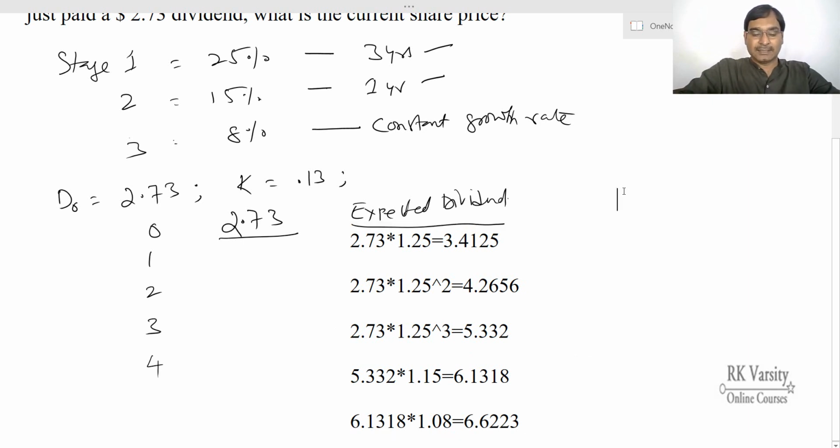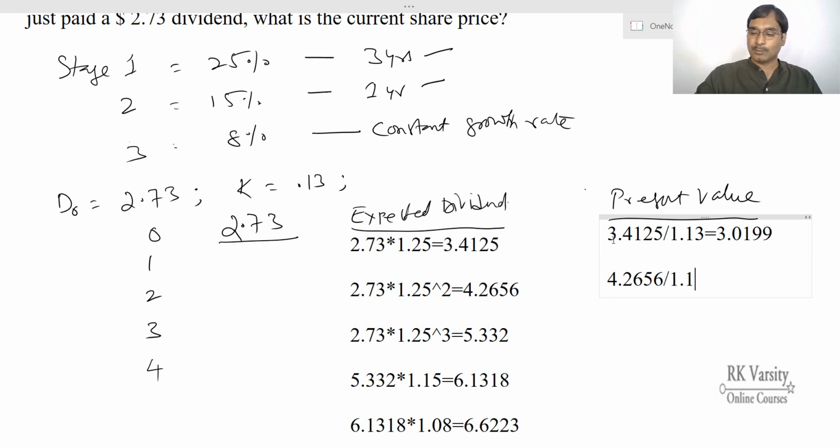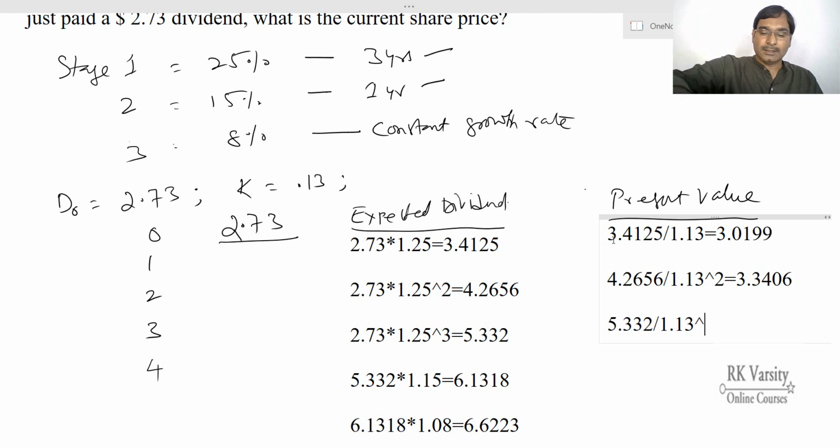So now we calculated expected dividends. Then we calculate the present value of these dividends. So present value is at a discount rate, and our discount rate is 13%. So this is 3.4125 upon 1.13. So the present value of the first year dividend is 3.0199, and for the second year 4.2656 upon 1.13 raised to the power of 2. 3.3406 is the present value of second year dividend, and the third year 5.332 upon 1.13 raised to the power of 3.